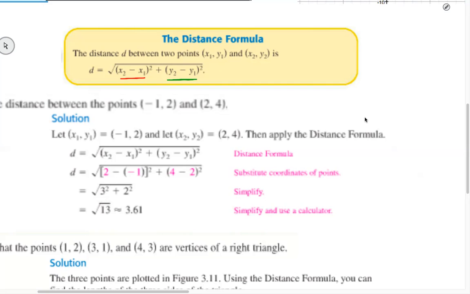Notice b squared. It's the differences of your y. Now, what is d? Well, d is like when I asked you to find the length of your hypotenuse. What did you do? You did a squared plus b squared, added them together, you took the square root. That's all this is. It's the Pythagorean theorem. But each time I'm asking you to solve for c. Okay, makes sense?